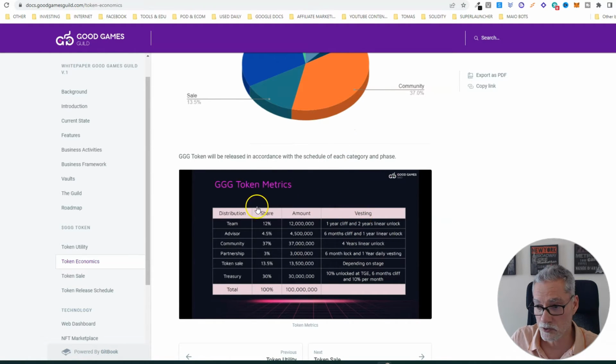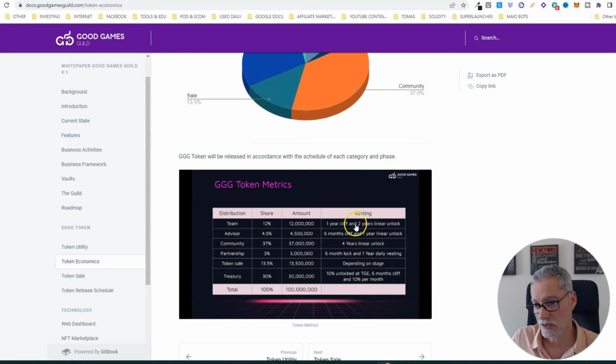So you want to see, for instance, for the team and for advisors, a long vesting period. So for the team, you see here a 1 year cliff, and for the advisors, a 6-month cliff. Usually I like to see a 1 year cliff for both.